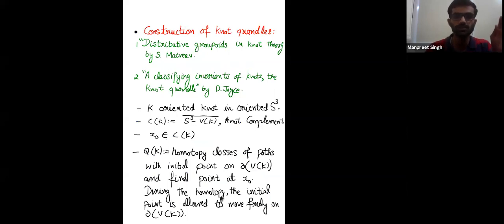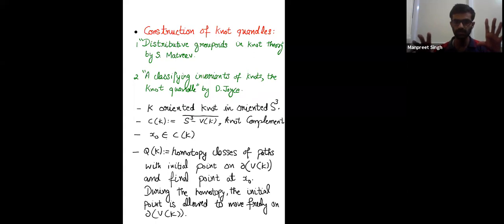So now I will go through the construction of knot quandles. These are given in the paper Distributive Groupoids in Knot Theory by Matveev, and in the paper A Classifying Invariant of Knots by David Joyce. So we take an oriented knot in the oriented three-sphere, take a tubular neighborhood and the closure of the tubular neighborhood.